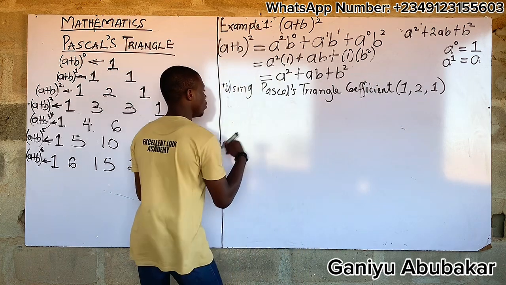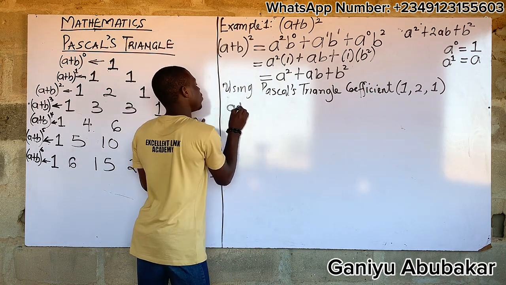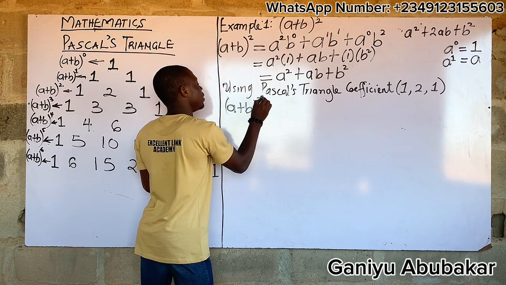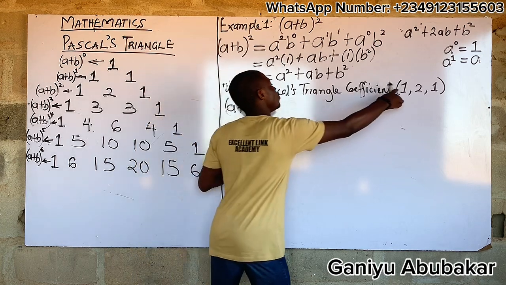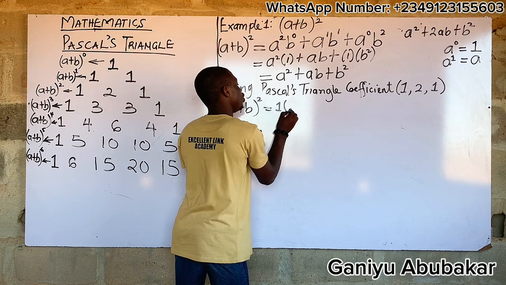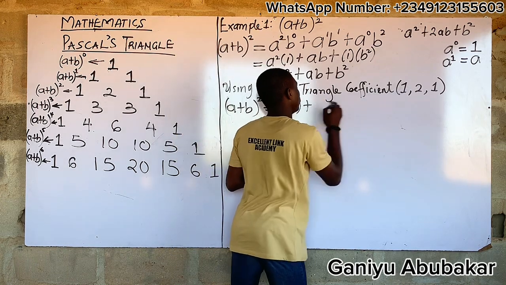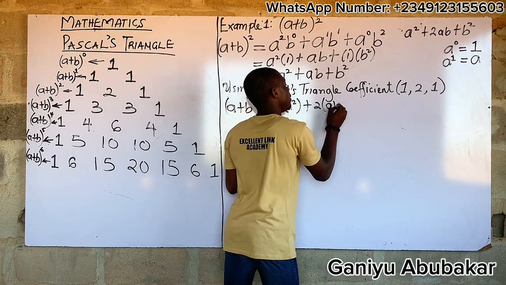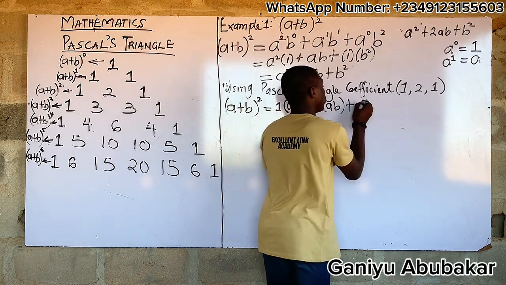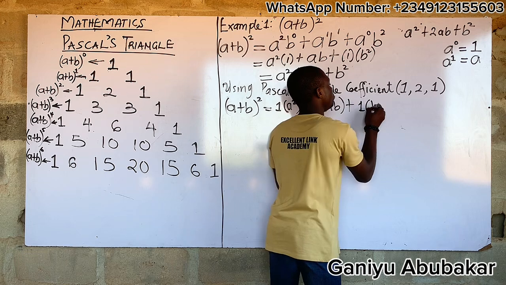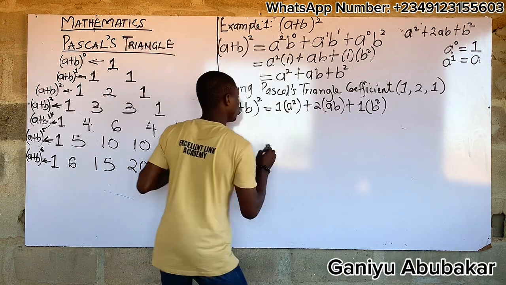If I expand (a + b) all squared, we said pick out this 1, that's 1 times a squared, plus, for the second term, 2 times ab, plus 1 times b squared. Expanding through, what do I get?